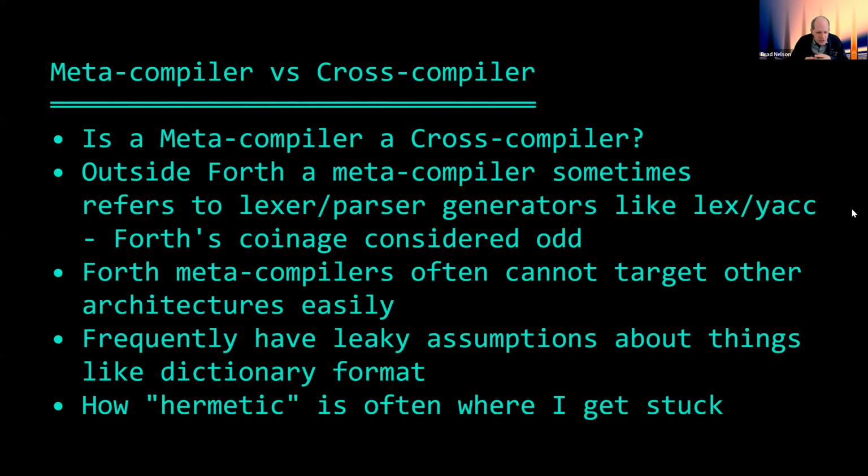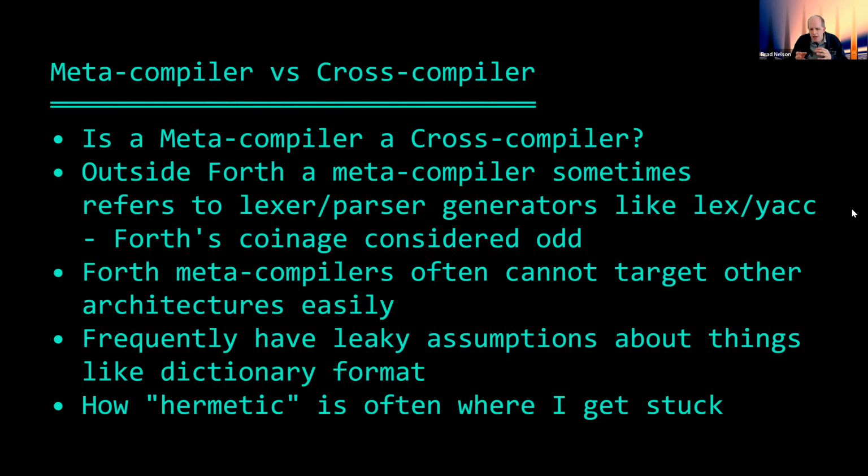The term metacompilation is overloaded. It sometimes is used to mean other things outside the Forth community, like lexer parser generators, so our usage of the term is sometimes confusing to folks outside the community. The other weird thing, again because of that short circuiting, is that metacompilers are often structured to restart the current system, but aren't always built with the goal of crossing architectures or other assumptions about the setup of the system.